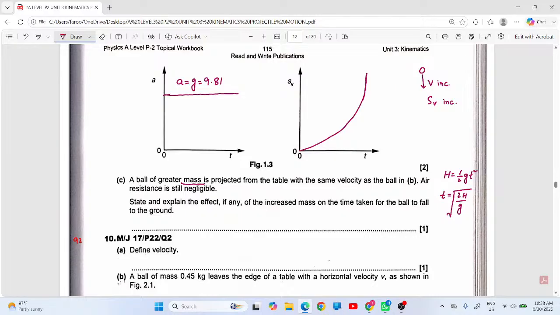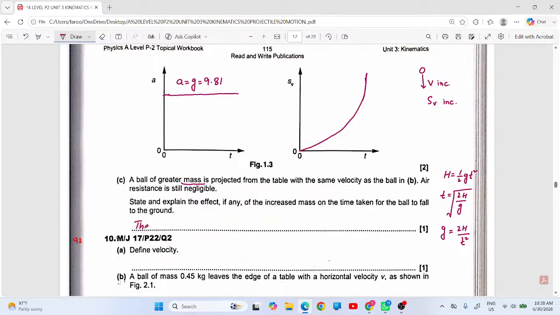Also, g equals 9.81, which equals 2h over t squared. Neither g nor t depends upon the mass of the body, so time remains the same.